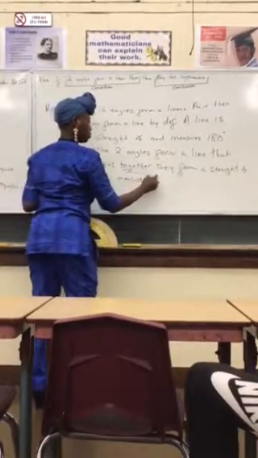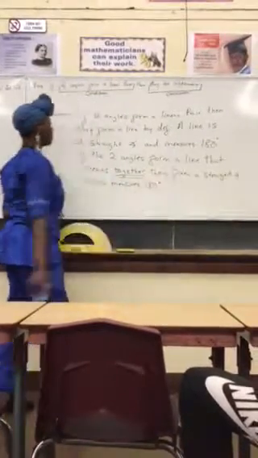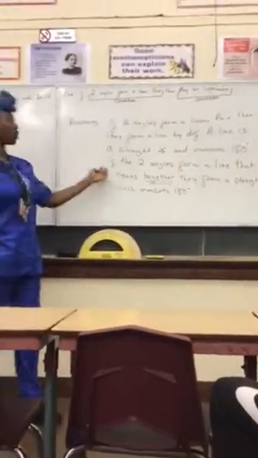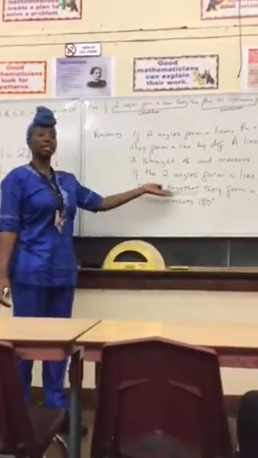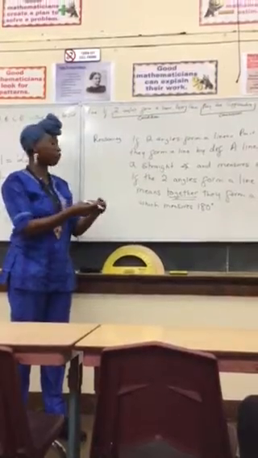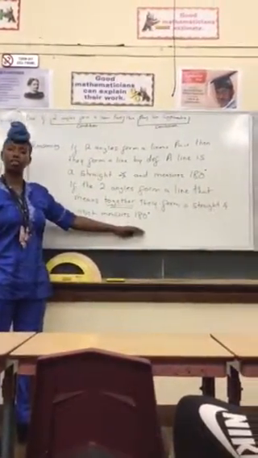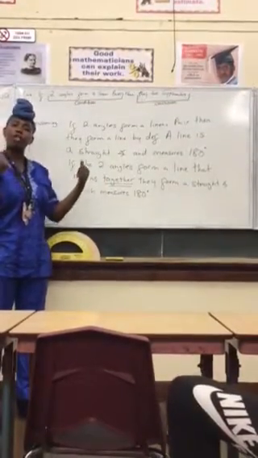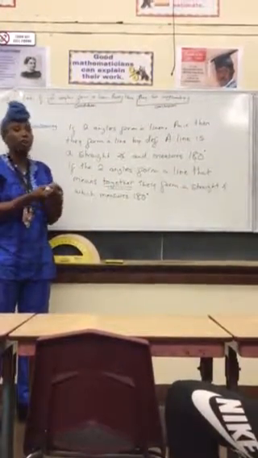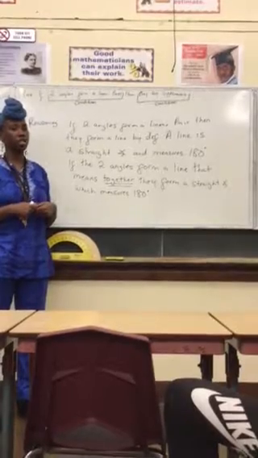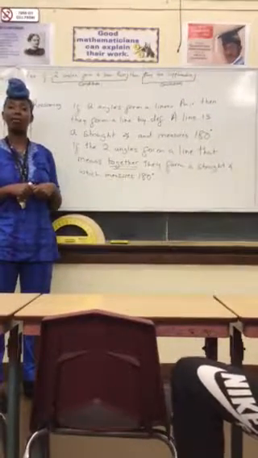Wow, this is a lot of notes. So we said if the two angles form a line, that means together, because together they're forming a line, they form a straight angle which measures 180 degrees. What do we know about when two angles together measure 180 degrees? Yes, behind the camera? They're supplementary.